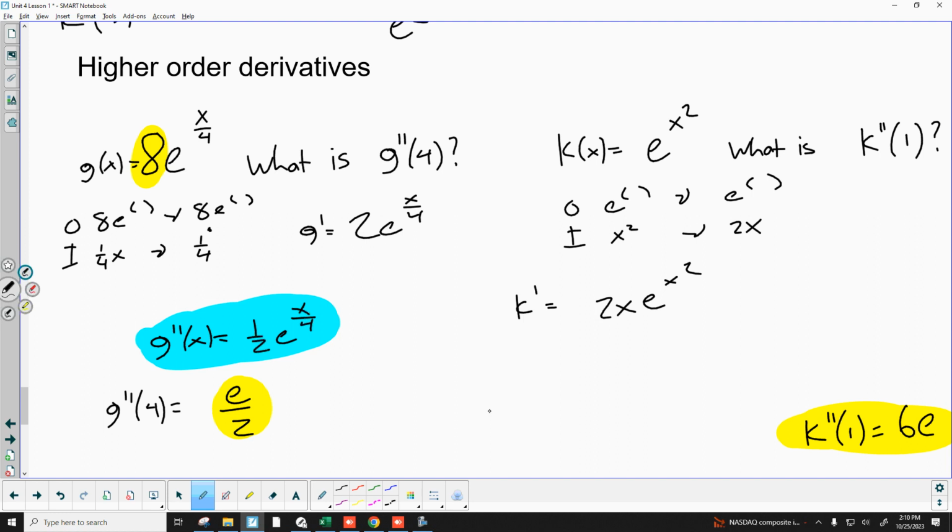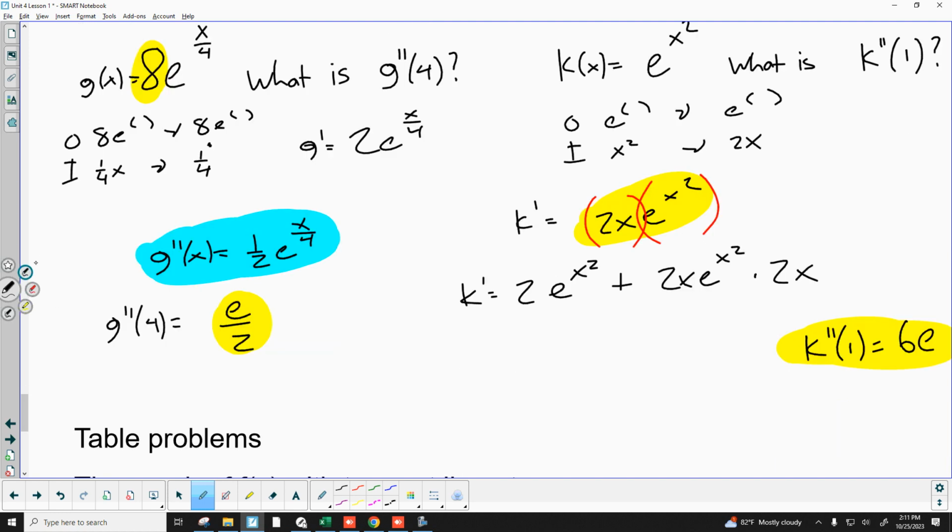But when you take the derivative of 2x e to the x squared, you have to recognize that it's x's times x's, which means for your second derivative, you need the product rule. The derivative of the first times the second plus the derivative of the second, we know what to do, we've done it, times the first.